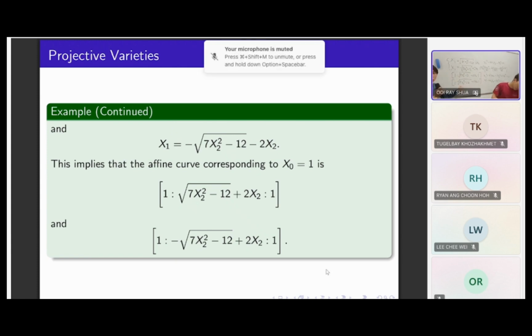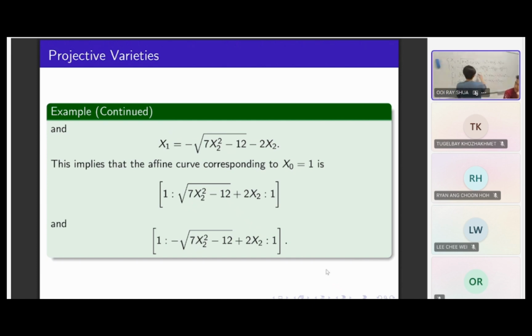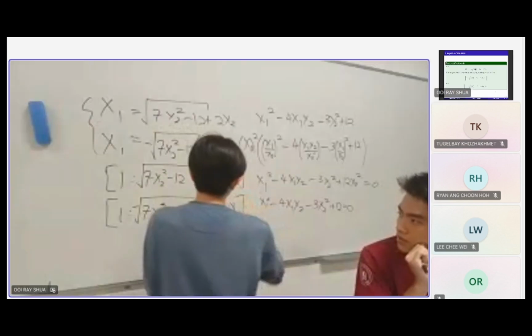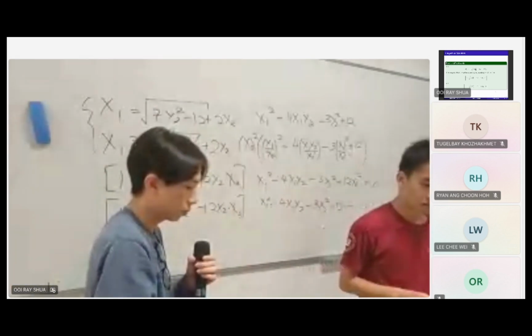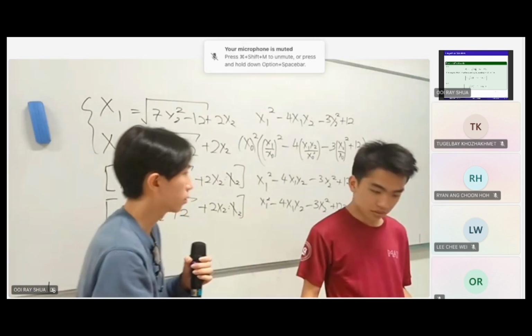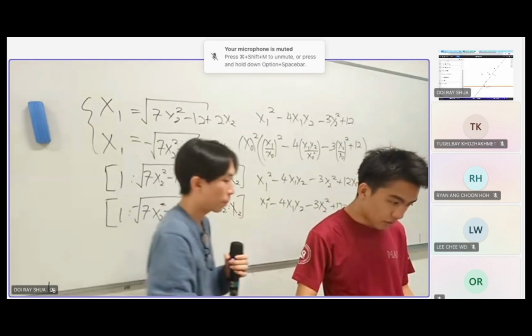Yeah, it should be x2, because if x2 is 1, then your x will substitute at 1. So it becomes positive. You swap them. Yeah. That's fine. Okay.